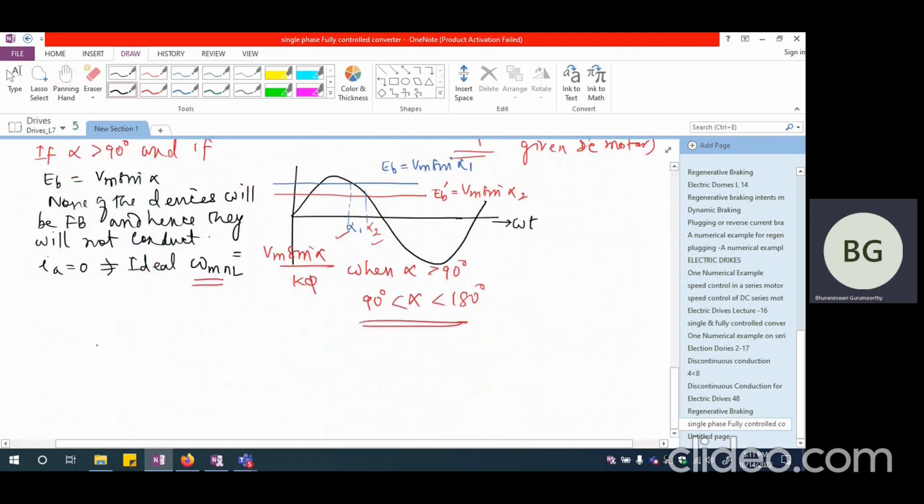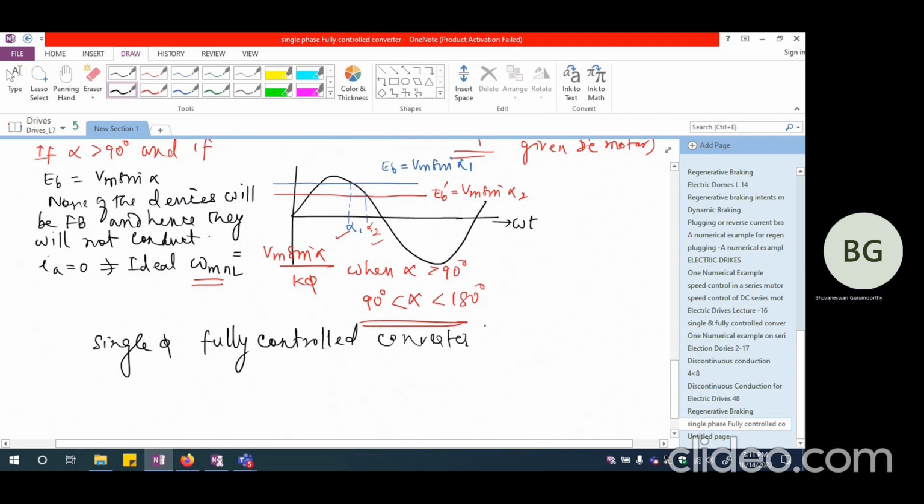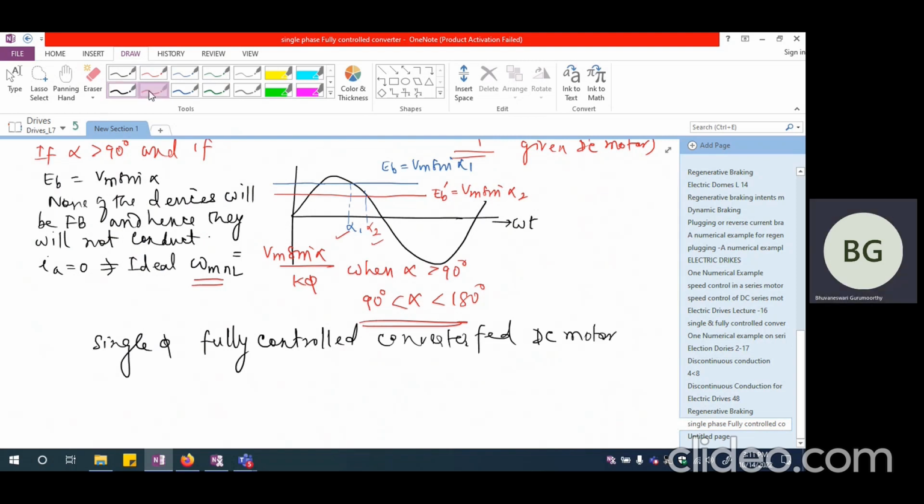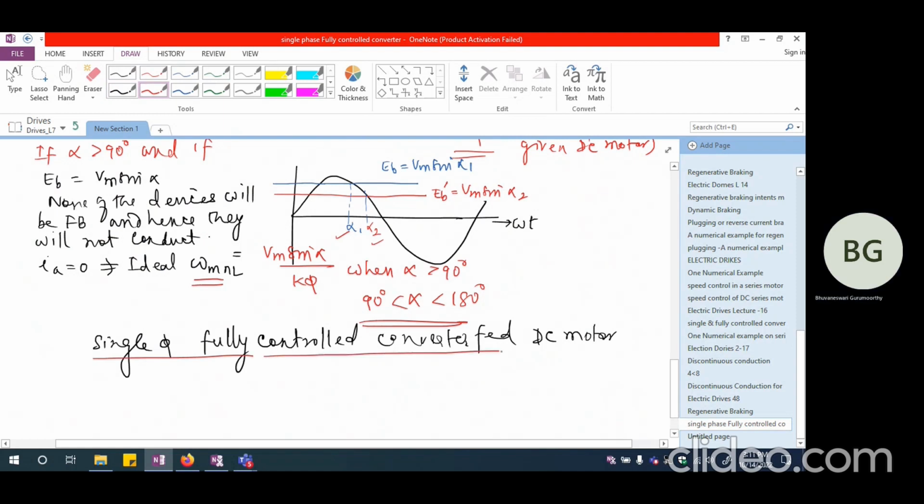Just to summarize what we had seen in the single phase fully controlled converter fed DC motor drive. First of all, we looked at continuous and discontinuous conduction, how the motor behaves.